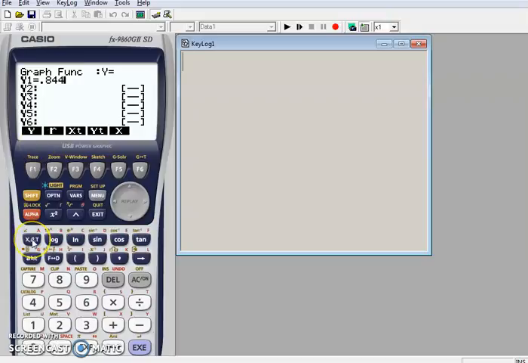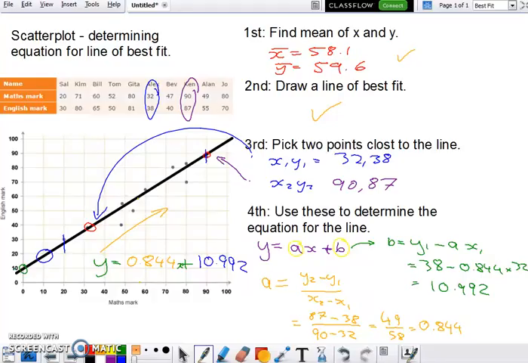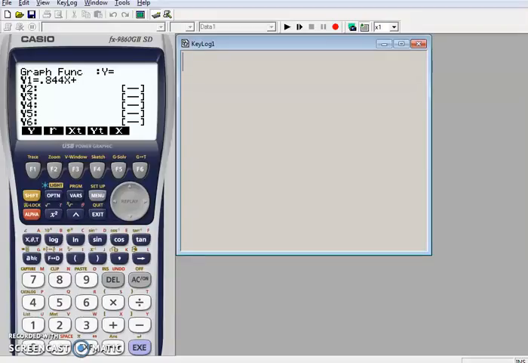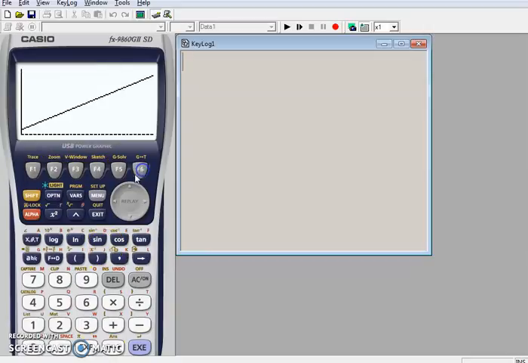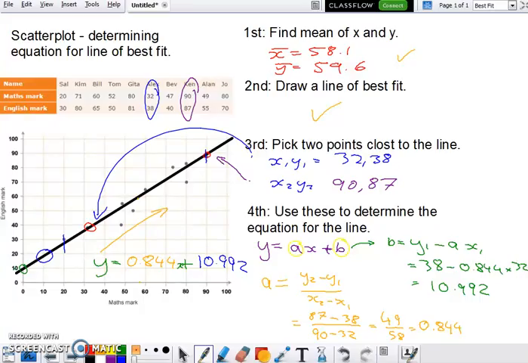This is your x button. Plus, and what was the other one? B, sorry, 10.992. Okay, and then you go enter, draw. That was pretty similar to what we had, wasn't it? Awesome.